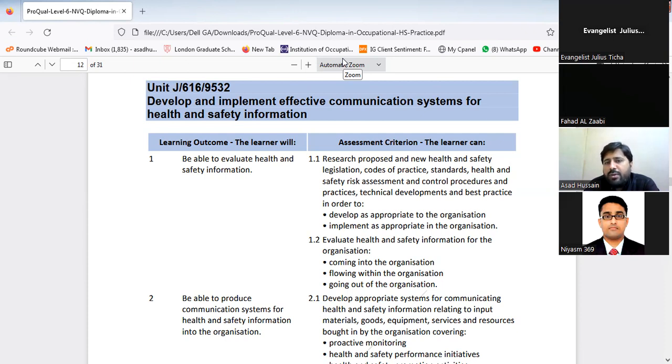You only have to put a page where you think that is the update or information that you can add in your coursework. Okay, just a page, not the whole document.